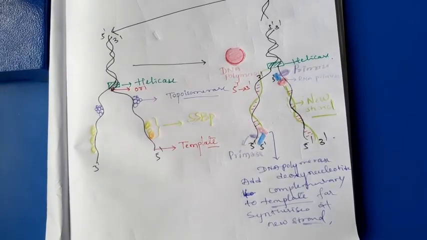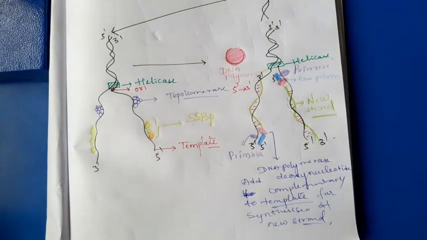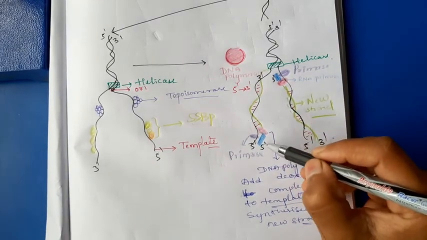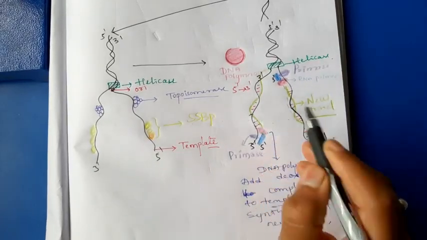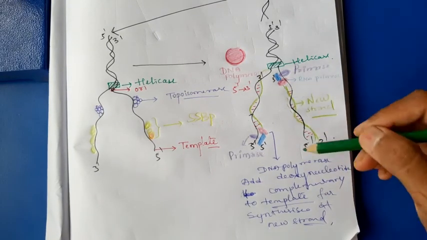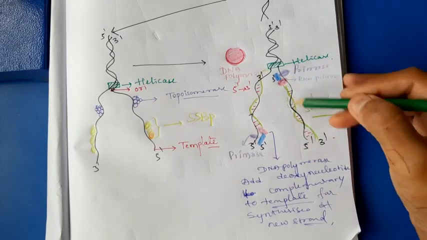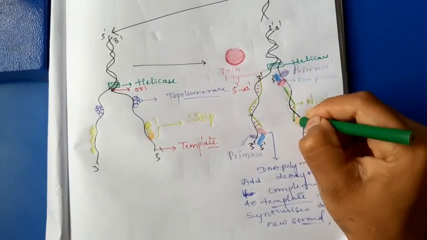Here one problem arises. During the replication process, the strand which is in the 5' to 3' direction is the continuous strand. The other strand, which is formed opposite to it, forms discontinuously.